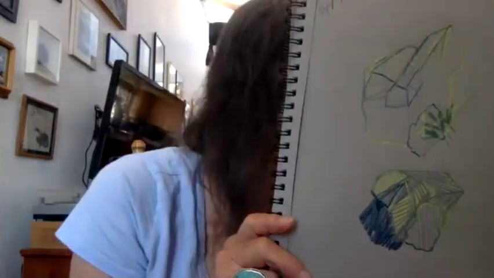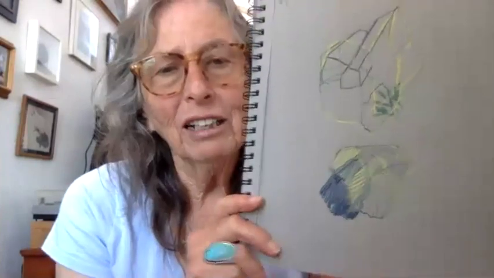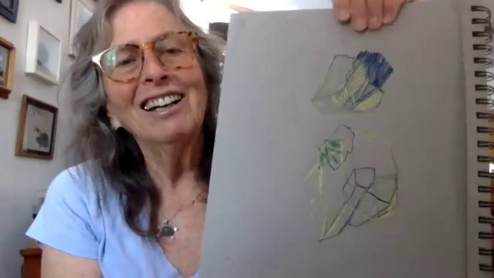Something that I really like that you did here is hitting those highlight surfaces with that light yellowish pencil. I always like to look at rocks, and I never thought of this, so thank you.